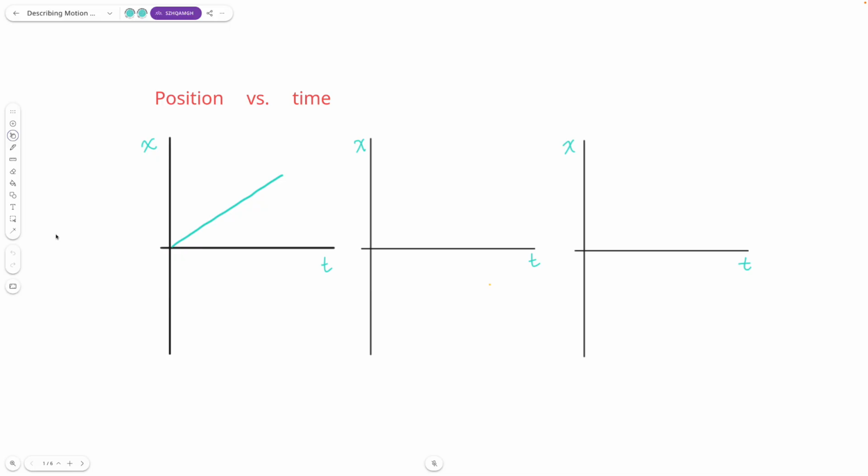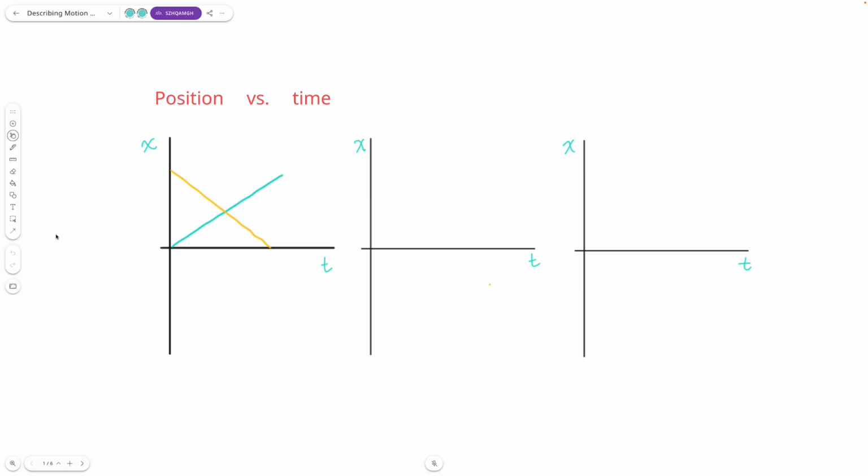If the slope is positive, like what we see here, that means you have an object that's moving in the positive direction. But if you have a negative slope, like if the object is going like this, that indicates that the object is moving in the negative direction. So we can tell the direction of motion from the sign of the slope.